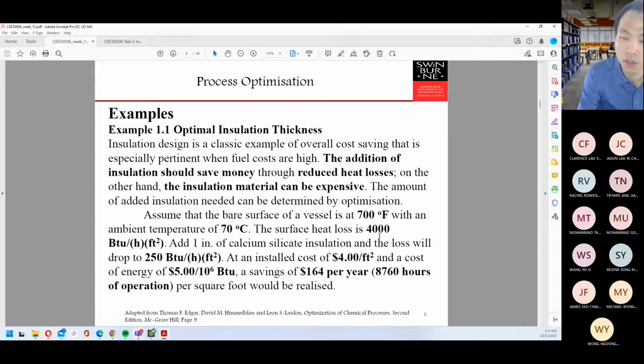Now, the surface heat loss is given as 4,000 BTU per hour feet square. If we add 1 inch of calcium silicate insulation, the loss will drop to 250 BTU per hour feet square. At an installed cost of $4 per feet square and a cost of energy, a saving of $164 per year per square foot will be realized.